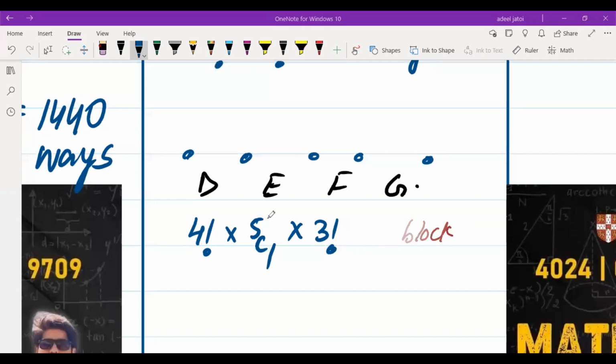This 5C1 is putting down the block in any one gap out of 5. This 4 factorial will be the arrangement of the letters that are not in the block, they are outside and they are being arranged as well. So the answer for this particular question will again be 720 ways.